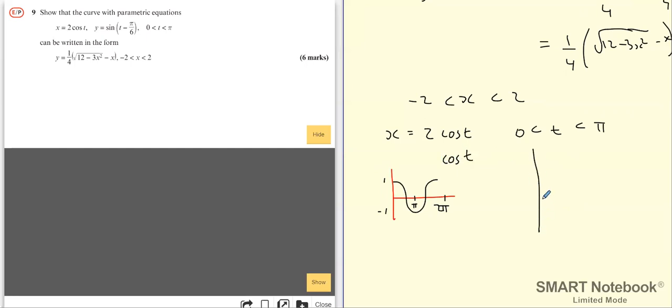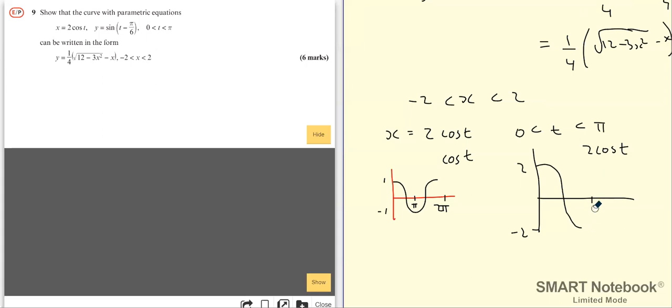But if I want to sketch 2 cos t, the transformation is that I need to multiply my y values by 2. So actually, this becomes 2, this becomes minus 2, but I'm going to rub out the bit of the curve which I only want to go up to pi.